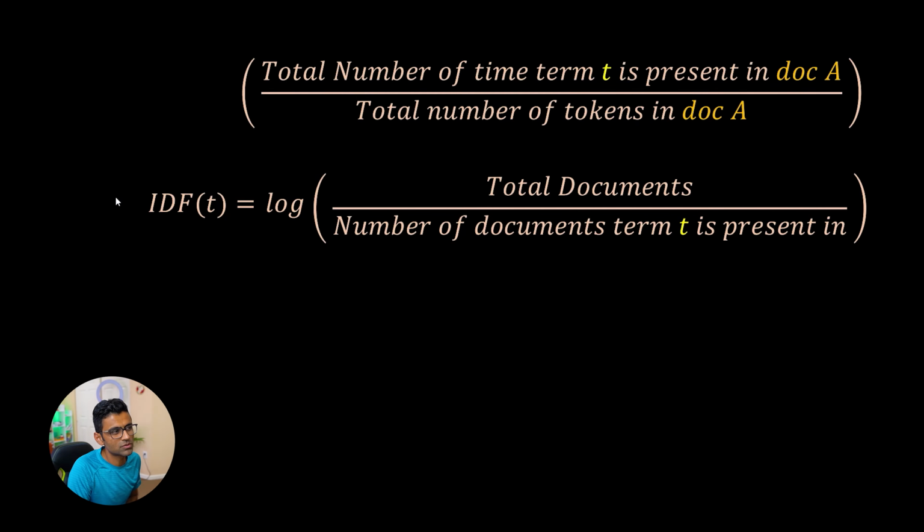So what you should do is take the total number of times term T is present in document D, which is just the simple word count that we took in the bag of words model, and divide by the total number of tokens in that document. And that we will call term frequency. Here T is the term and D is the document in which you are counting that term frequency.